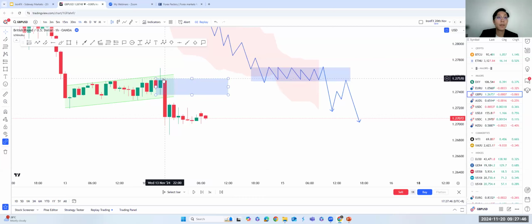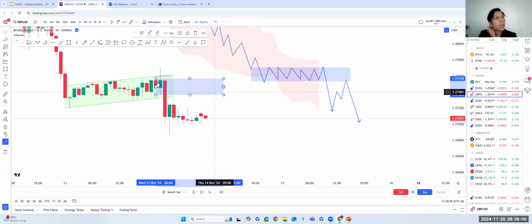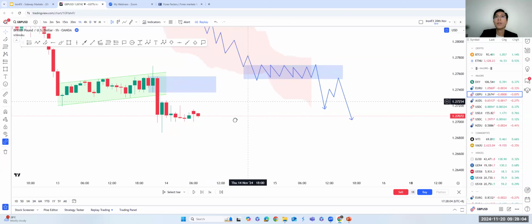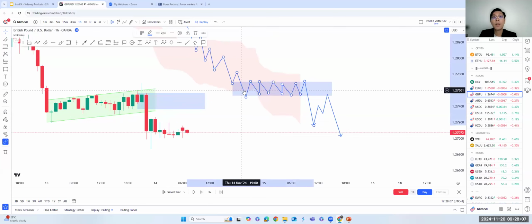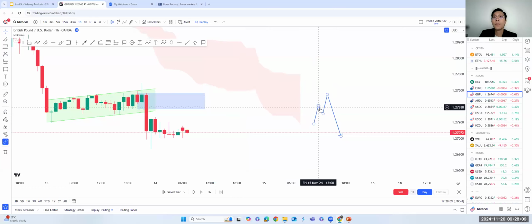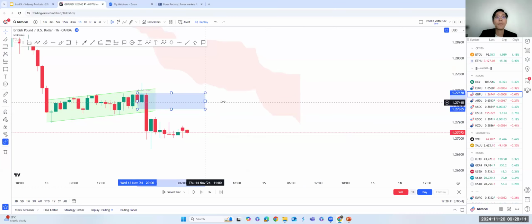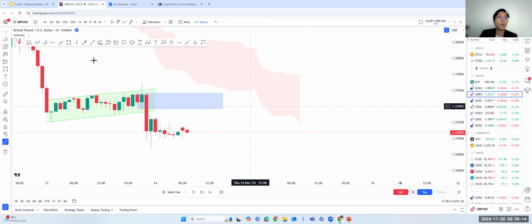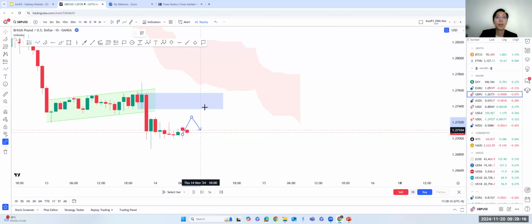If it is a last bullish candle before this bearish candle, then we'll mark this out as our so-called, some people call it order block, some people call it just a demand zone. But I'll just make it simple for you guys. Just call it a point of interest. So let me just take this out. This could be a point of interest, meaning that price can possibly come up here, tap this area, and continue downwards.